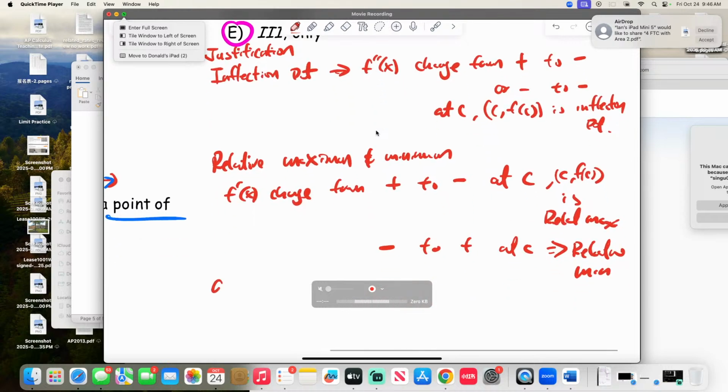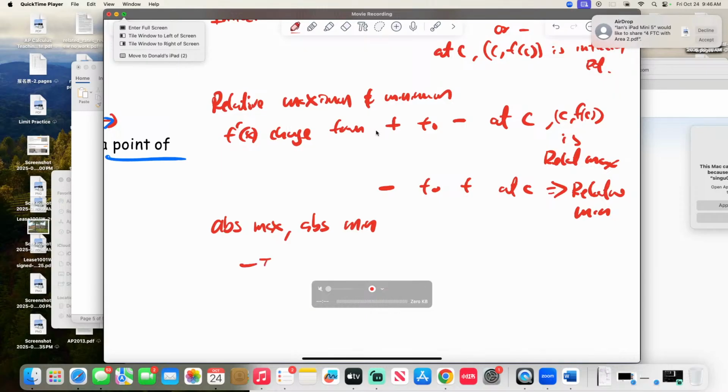Now, if it's an absolute max and absolute min, you're going to do a table with the endpoints and the critical numbers, because you don't need to write sentences here.